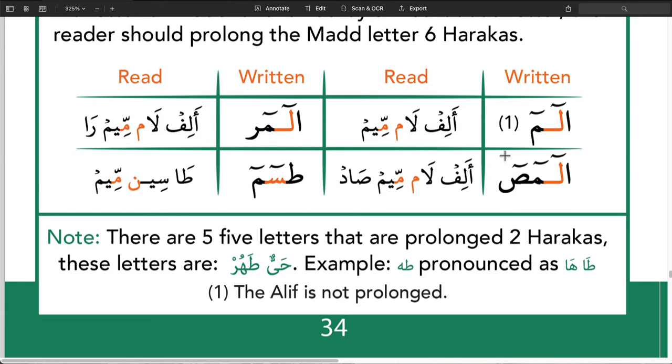And then we pull the sad like here, because we have that sign. Even if there's no letter after that, there's no shadda, but because of this sign. And then lastly, ta, sin, mim.